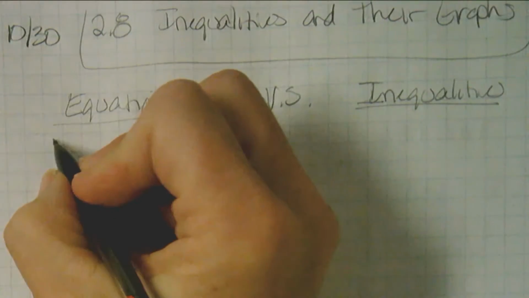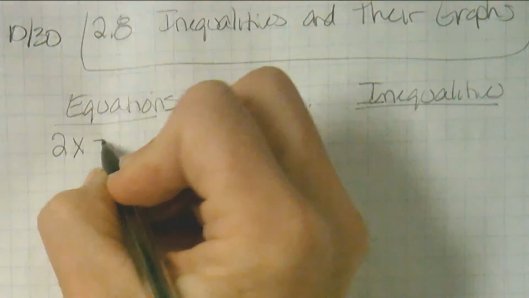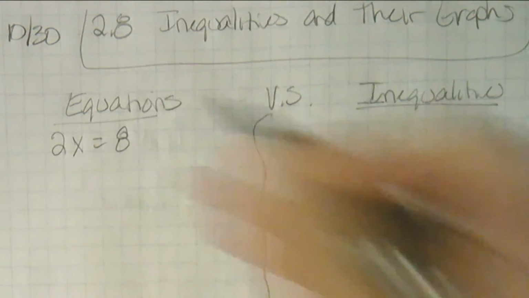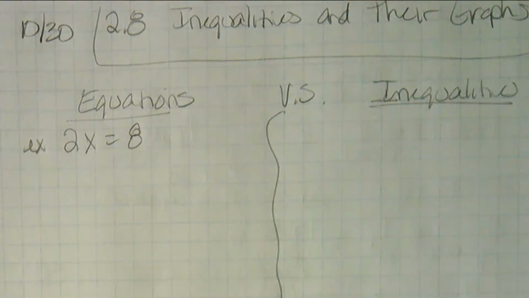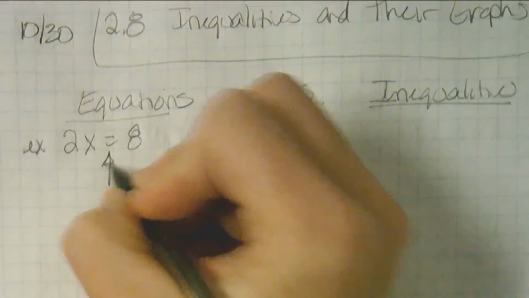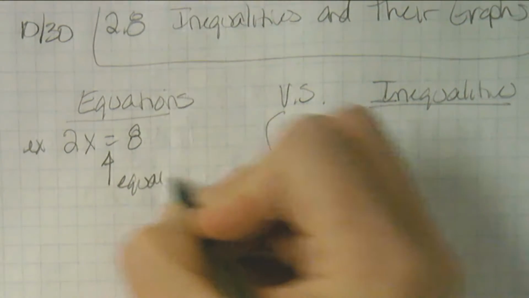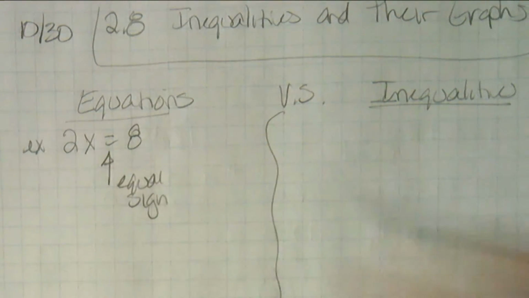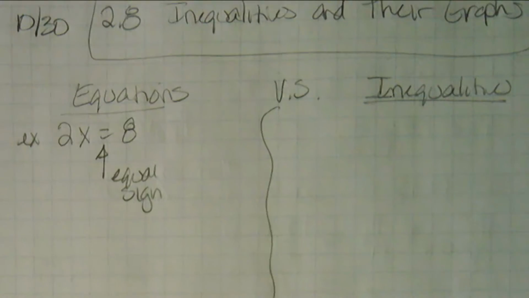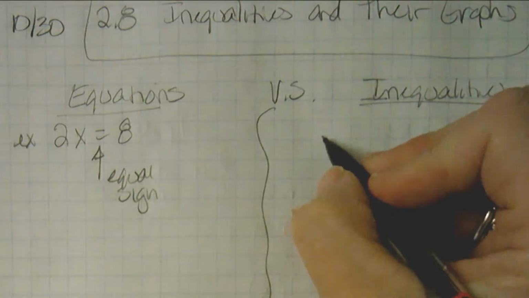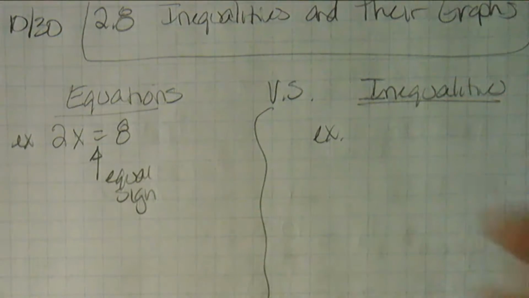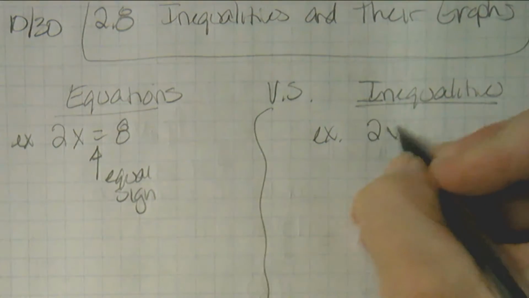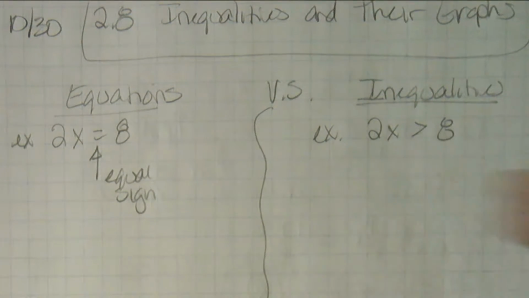An equation looks something like 2x equals 8. That's an example of an equation. It has an equal sign. I could write exactly the same looking equation, but make it an inequality. So I could say 2x is greater than 8.